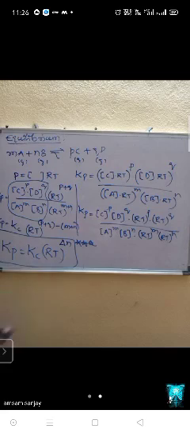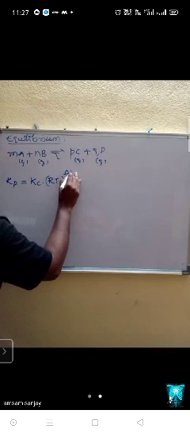This relation we want. Now I am rubbing, can you see carefully? Yes, this relation only I want. See that relation: Kp is equal to Kc RT whole power delta N. In this, Kp means equilibrium constant in terms of pressure.